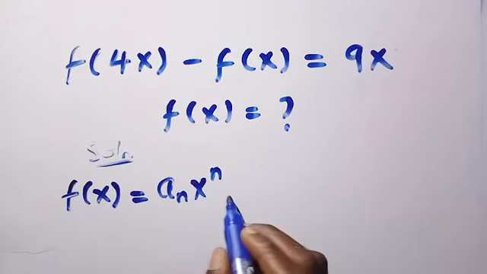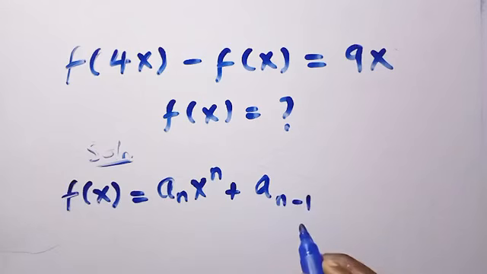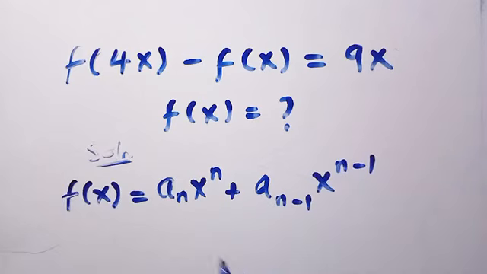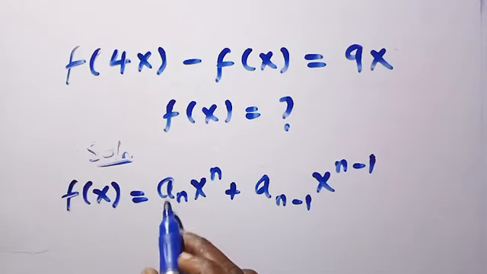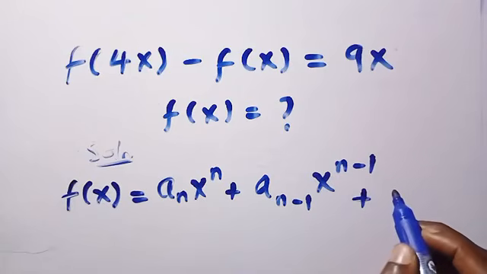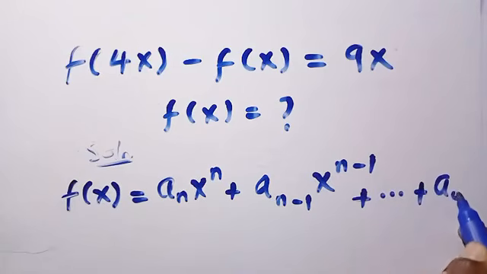The next will be reducing, which is an minus 1, then x raised to the power of n minus 1. The coefficients depend on what we are given, but now it's in a general form. The next is plus dot dot dot, and it continues till we have a naught.